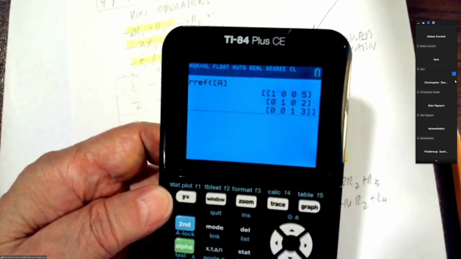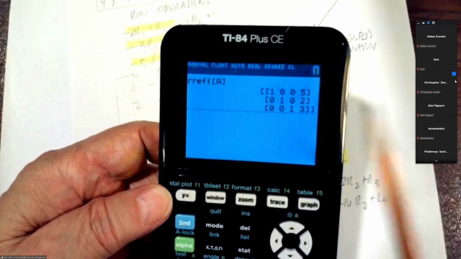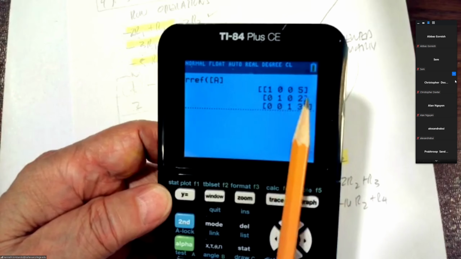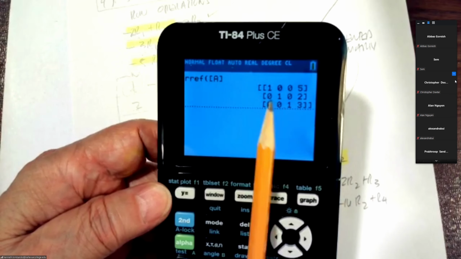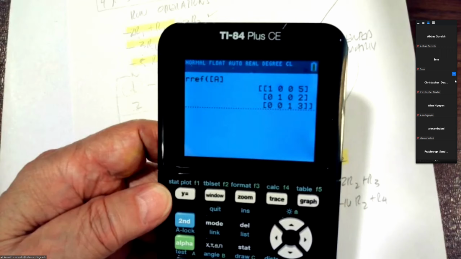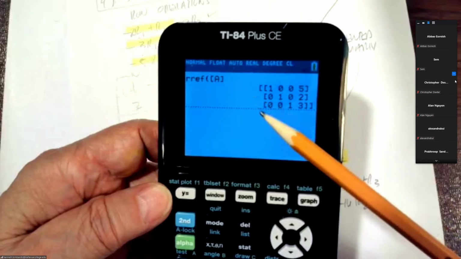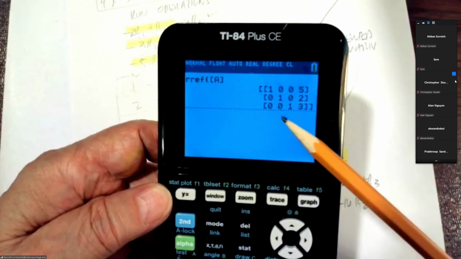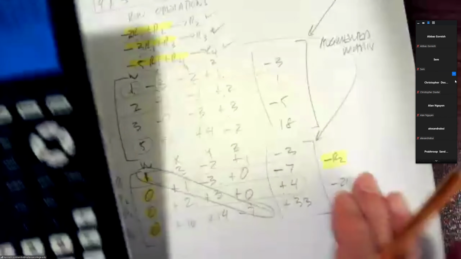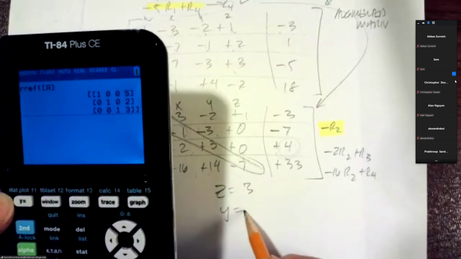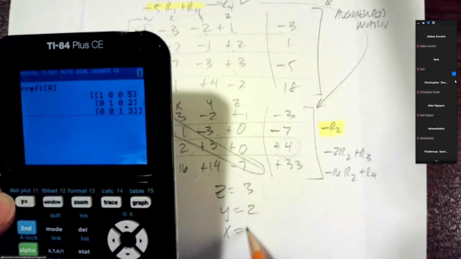So I'm going to hit enter. And the calculator very quickly comes up with, here's that row echelon right through here, and zeros below it. And so now we have X, Y, Z across the top and rows 1, 2, and 3. So now it says Z equals 3, Y equals 2, X equals 5.